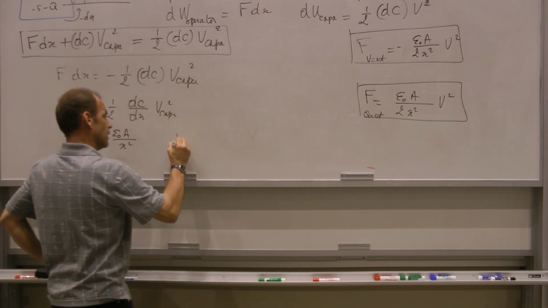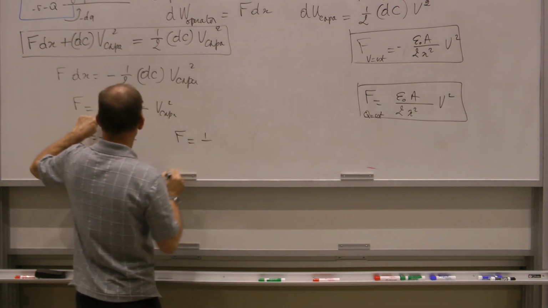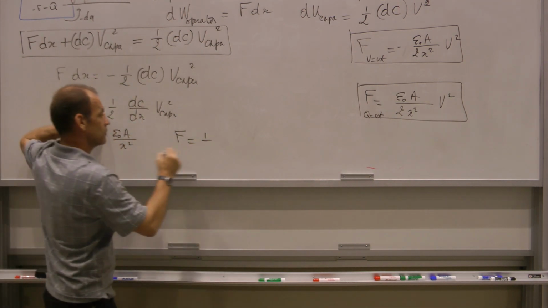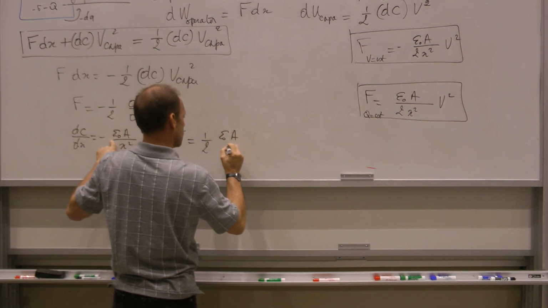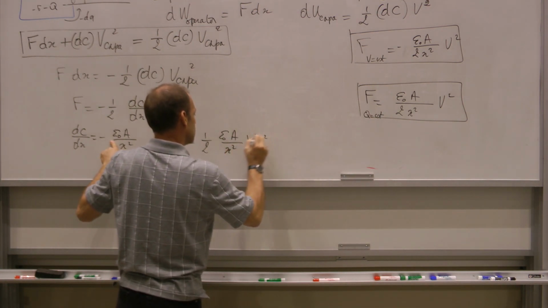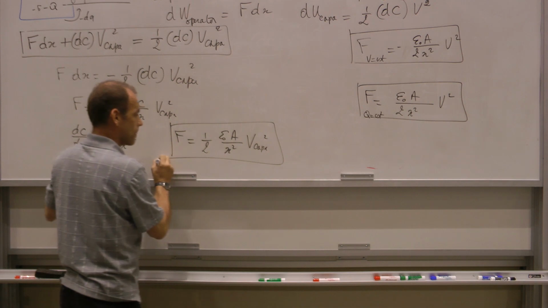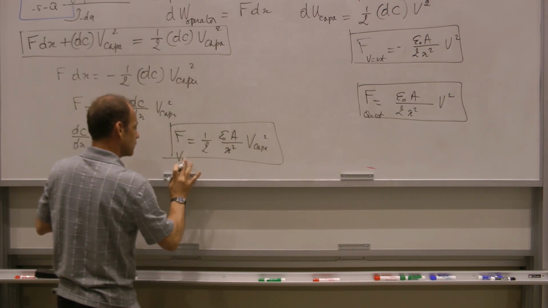Reinjecting this in there, I get now the force required to hold the capacitor. Notice negative negative cancels out. 1/2 of epsilon 0 A over x squared V kappa squared, which is now held at V constant.